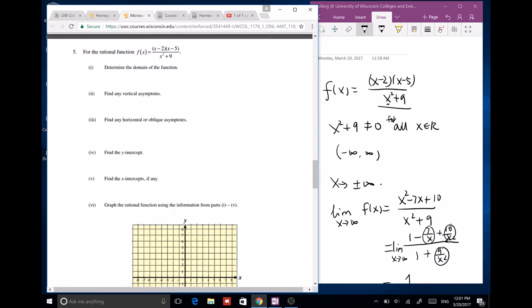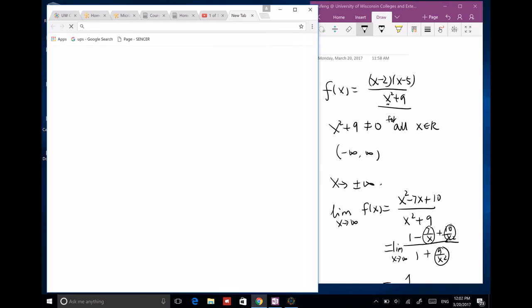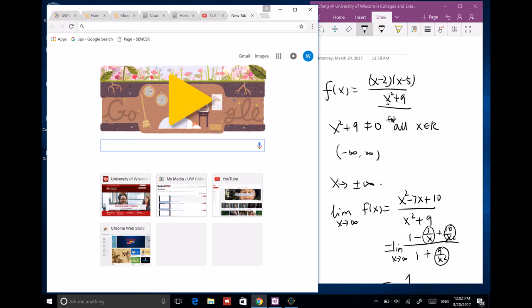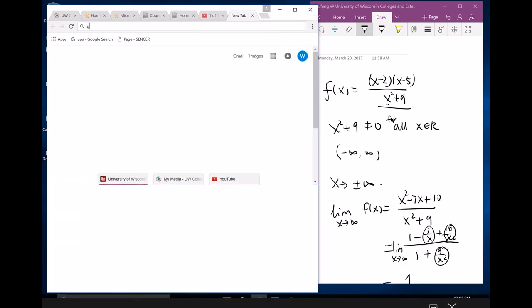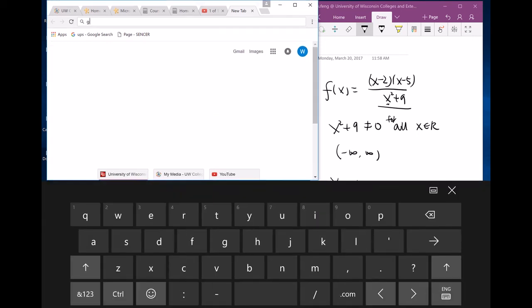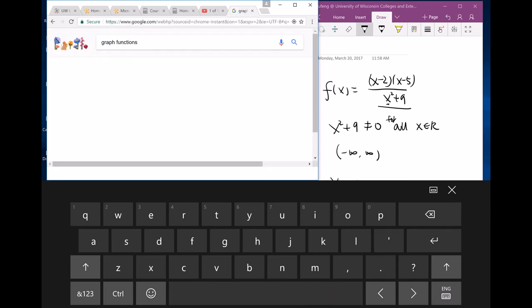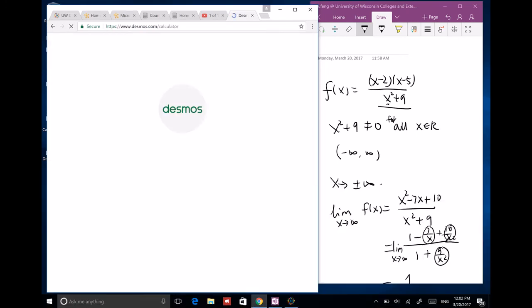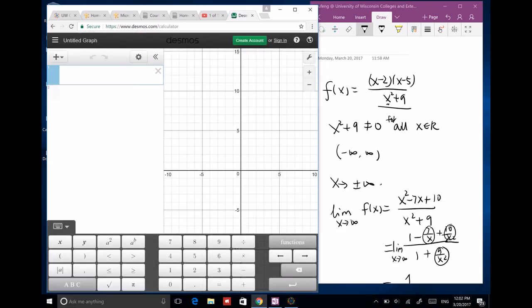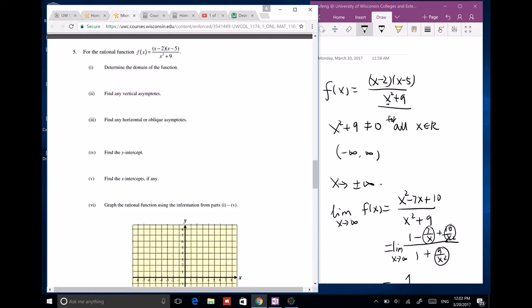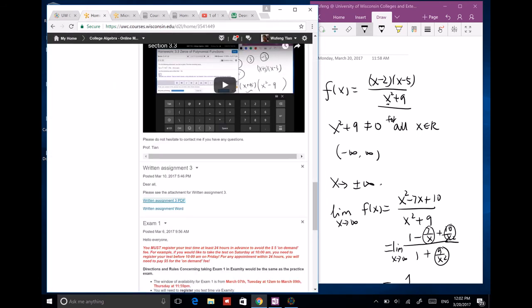There is another way to do it. You can use an online graphing calculator to graph functions. I ask you to graph it first, then you check your answer.